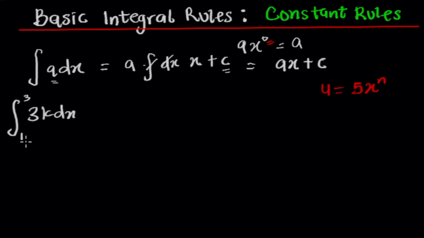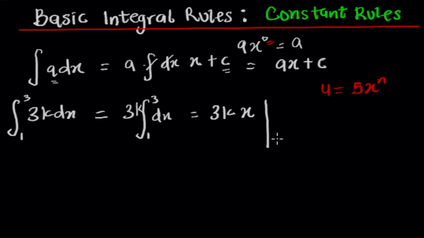So what I'm going to be doing in this case is bringing out the 3. Yes, of course, I'm going to follow the normal constant rules, right? I'm going to have the integral from 1 to 3 of 3k. Actually, I need to put k outside the x, right? So after integrating this whole thing, I'm going to have 3k times x, right? Then I'm integrating it with limit.